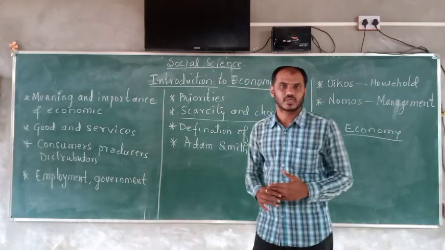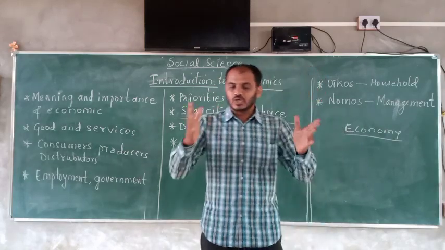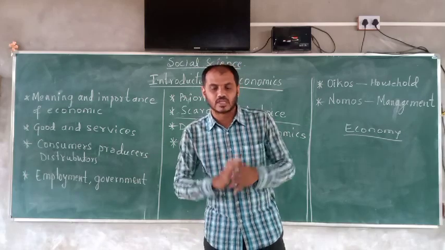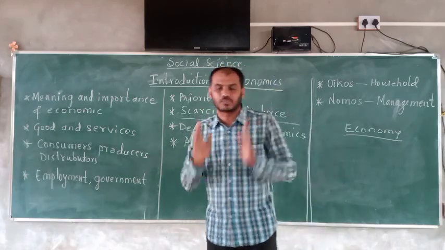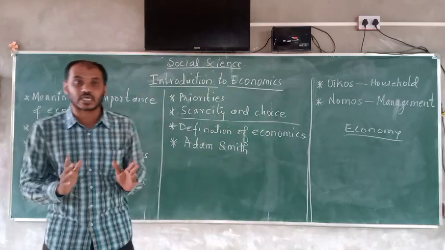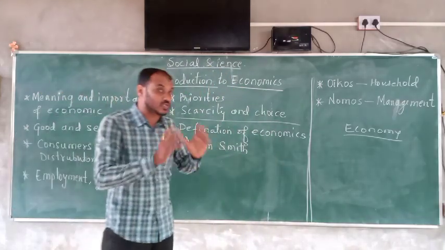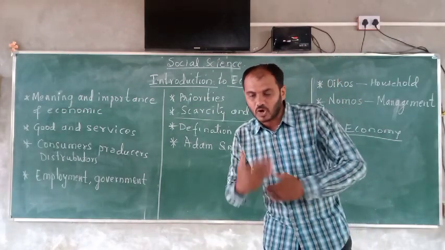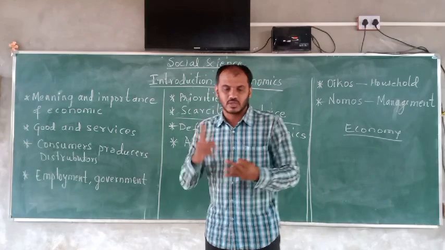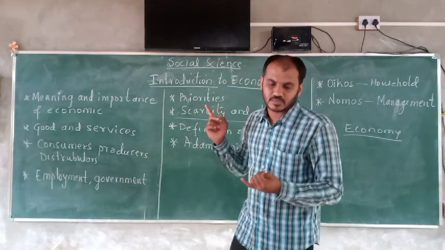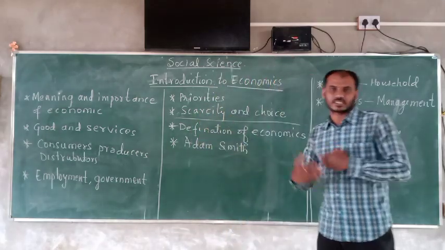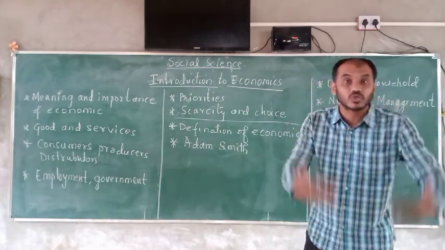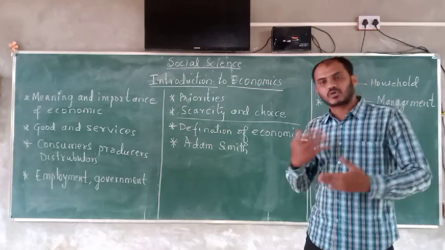Goods are the physical and tangible objects, like food, clothes, books, bicycles, phone, TV, etc. We go and we use them, so they are called goods.